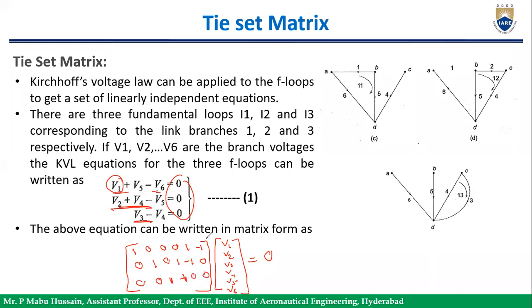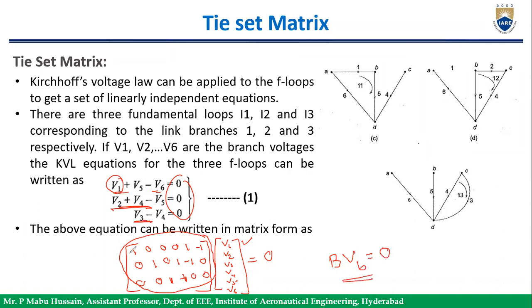Now this matrix is called the tie-set matrix. The tie-set matrix is represented with the letter B. This vector is the branch voltage vector, so you can write it as VB, which is equal to 0.